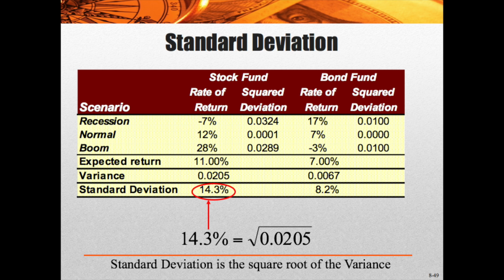Well, now we have a standard deviation and an expected return. And a standard deviation and expected return will tell you a lot about the distribution of these two funds. For the stock fund, we have a standard deviation of 14.3 and an expected return of 11. So 11 is in the center of the distribution, and one standard deviation on either side is 14.3.